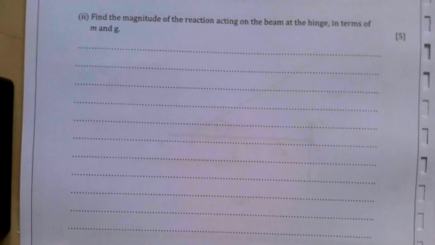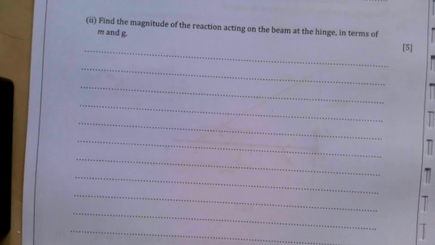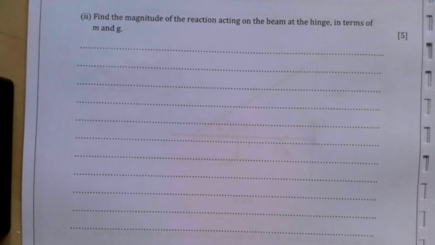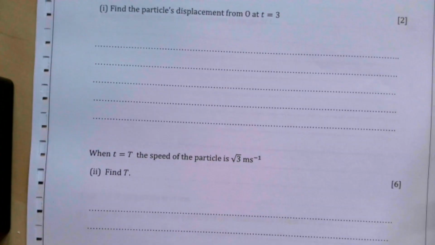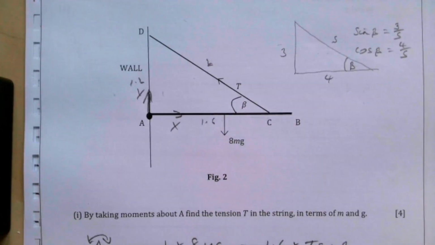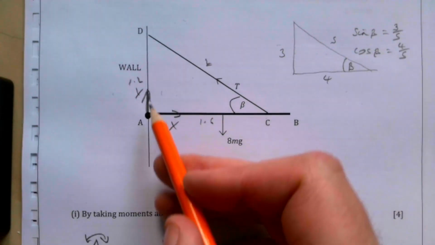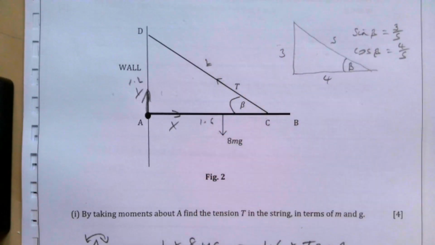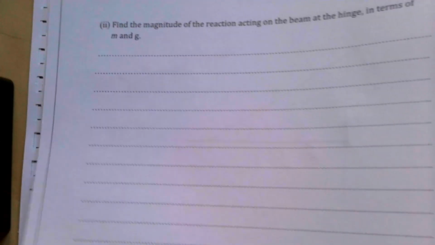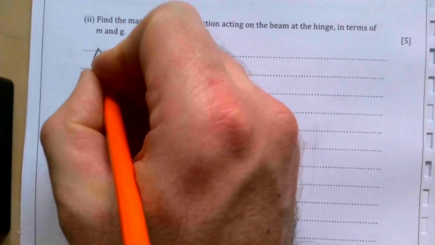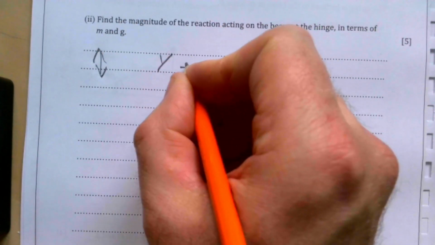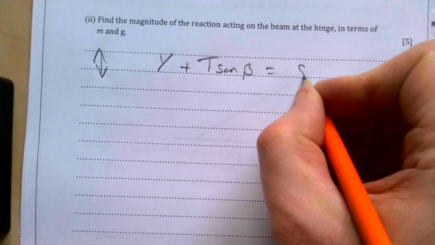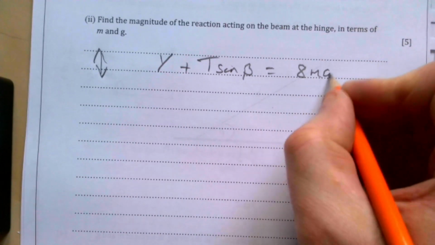Find the magnitude of the reaction acting on the beam at the hinge in terms of m and g. So I'm now going to resolve up and down and left and right to get that information. Let's see what we have. Everything going up equals everything going down. So it's going to be Y plus T sine beta equals 8mg.